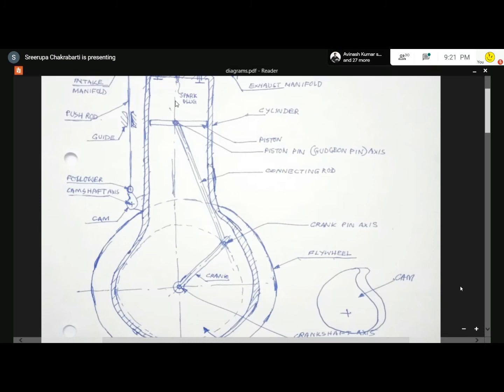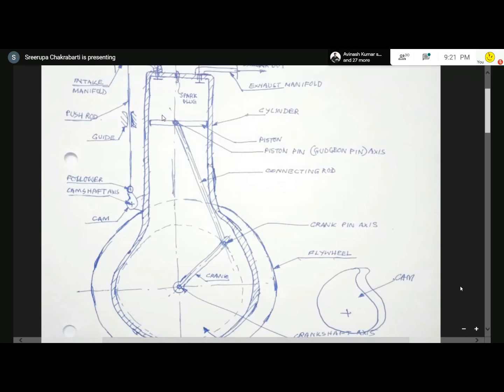Now suppose you talk about the compression stroke starting from here. The piston moves up, and both the valves are closed. The spark occurs somewhere here, slightly before the top dead center position.